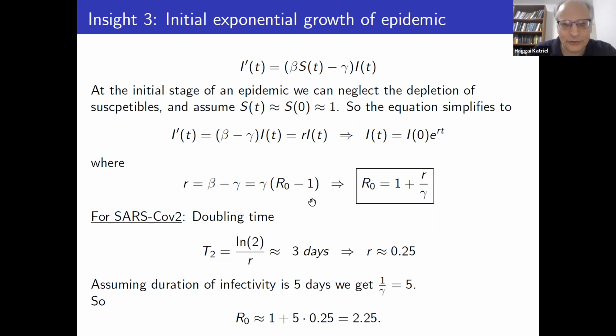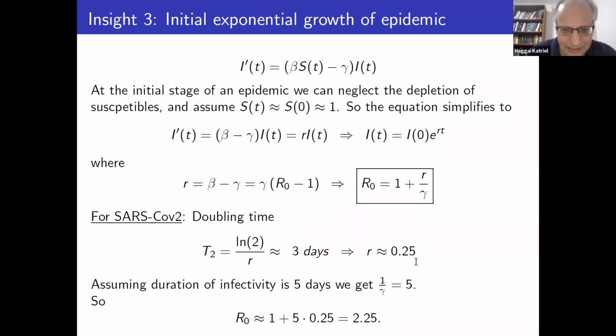and you can turn it back and use this to estimate the R naught in terms of this exponential growth rate, which you measure from the data, and in terms of 1 over gamma, which is the period of infectivity, which you can estimate from the clinical data. So for example, for coronavirus, let's say the doubling time is 3 days, the exponential growth rate is 25% per day.